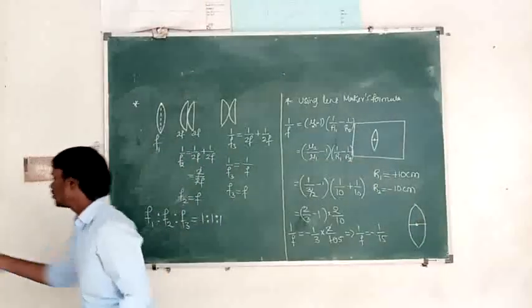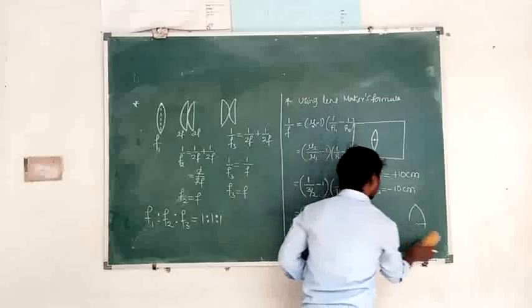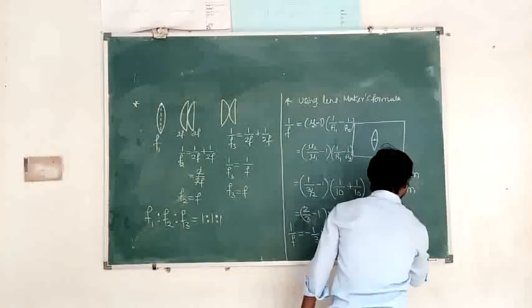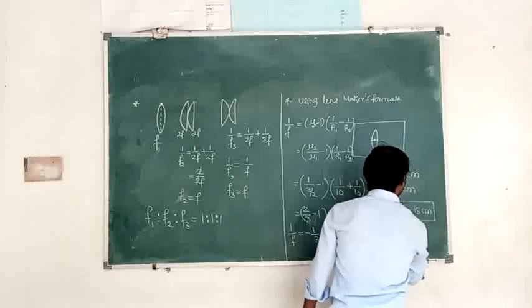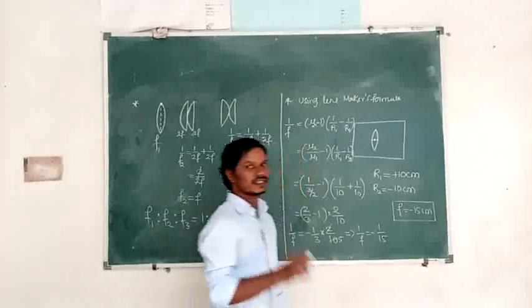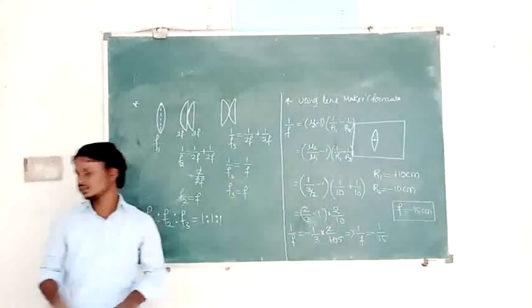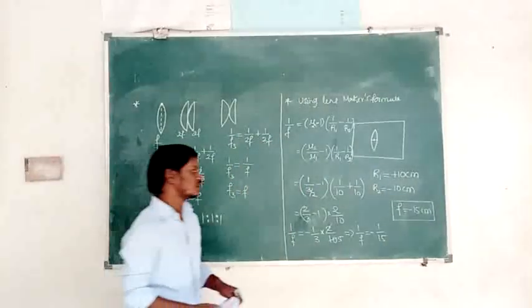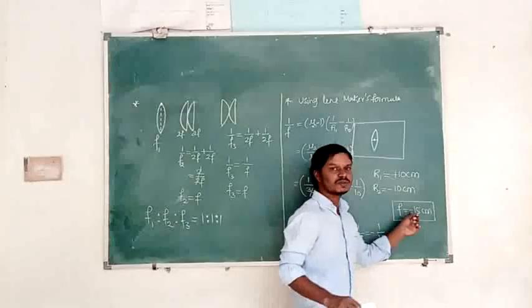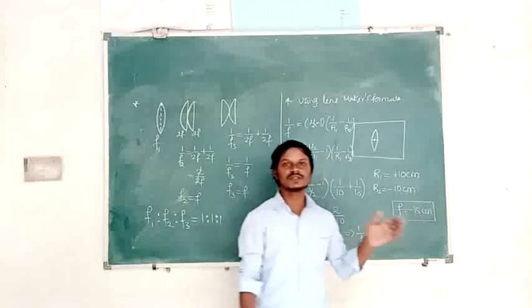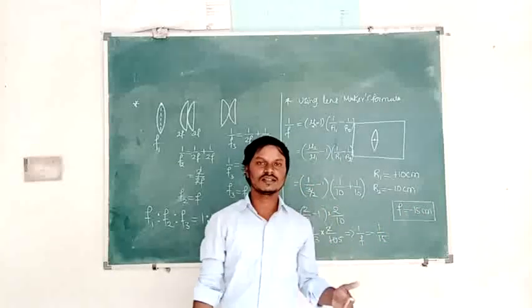So what did we get for f? Minus 15 centimeter. If we get a negative focal length, then which type of lens is it? It is a concave lens. It is a concave lens of focal length 15 centimeter. Why is it called a concave lens here? Because we got the focal length negative. If the focal length is negative, then it is a concave lens.